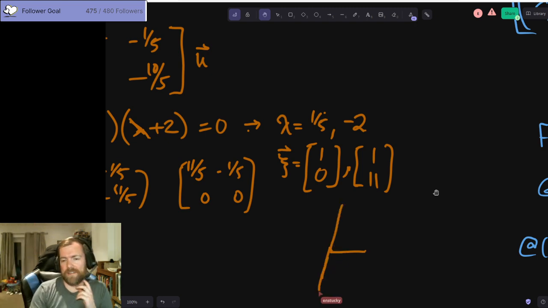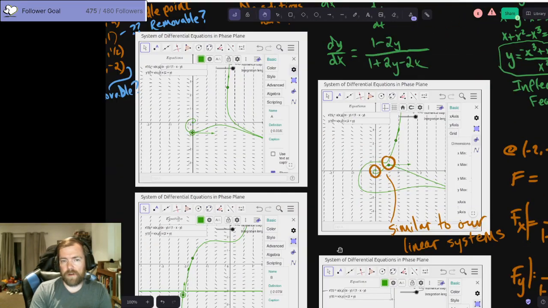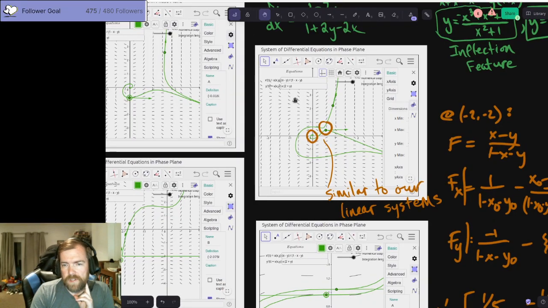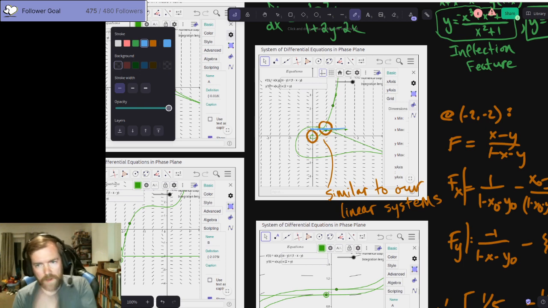So if we go back to our picture that we had earlier, where I highlighted that particular one, at the top right here we kind of have a horizontal line that our vectors appear to be avoiding directly.